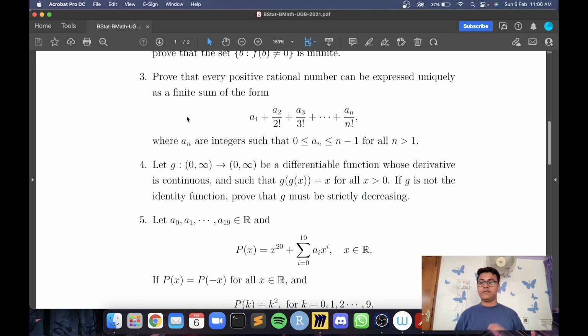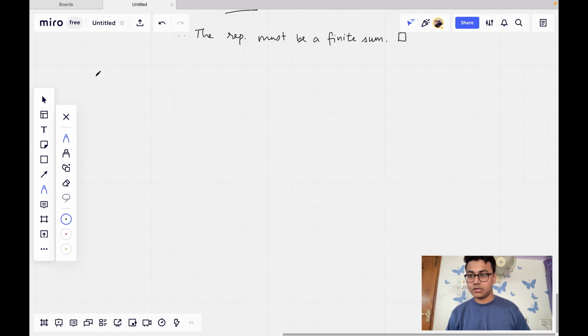We are given that g is a differentiable function, and that its derivative is continuous, and that g of g of x is equal to x for all positive real numbers x. We are also told that g is not the identity function, so we have to prove that g must be strictly decreasing. We will start with this.